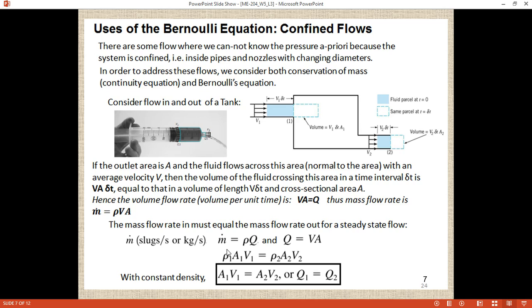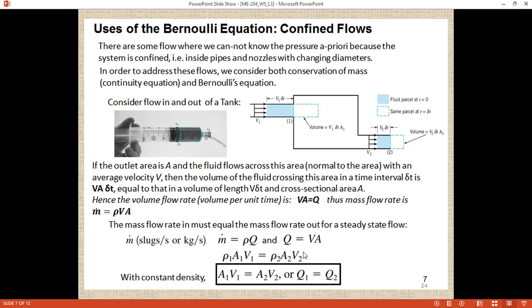So mass flow rate equals rho Q, and Q equals v A, the volume flow rate. We can say that the mass flow entering at point 1 will be equal to the mass flow out at point 2. This is the form of the continuity equation: rho 1 A1 v1 equals rho 2 A2 v2.